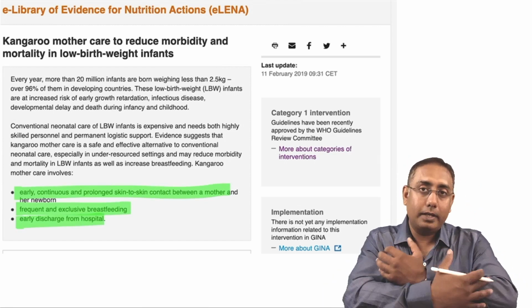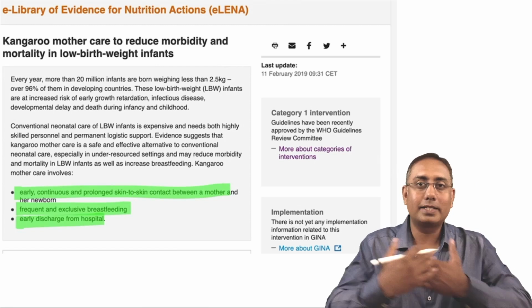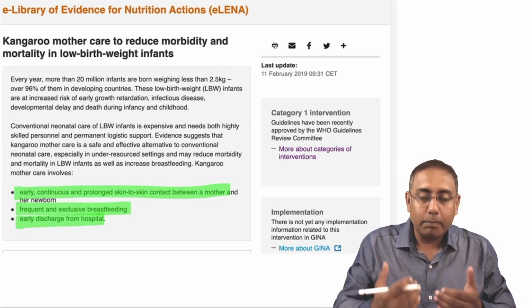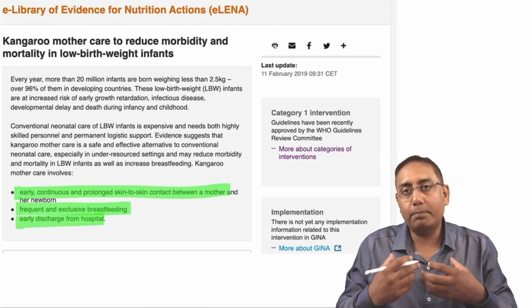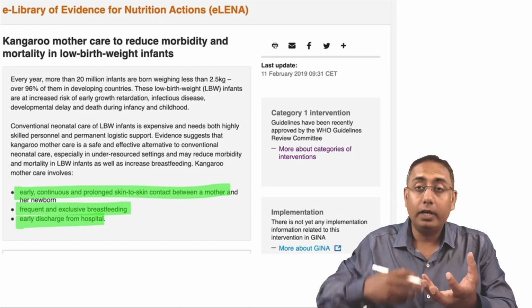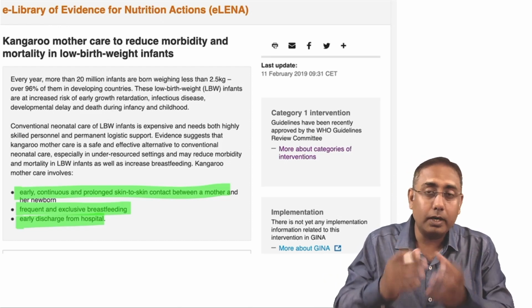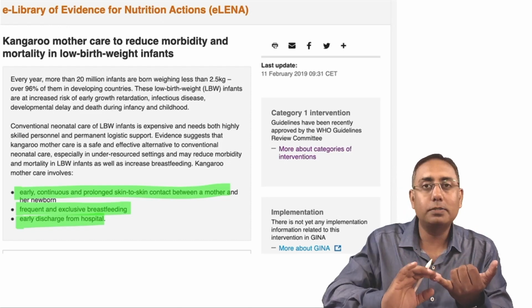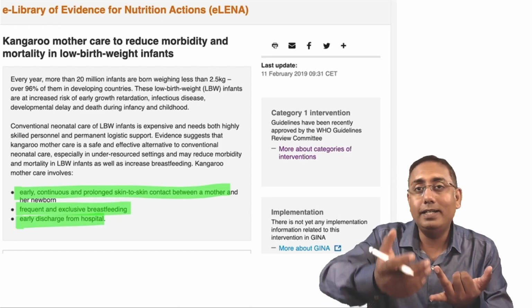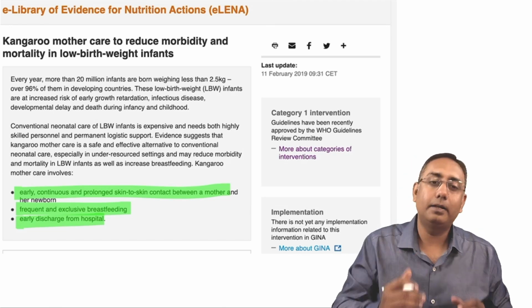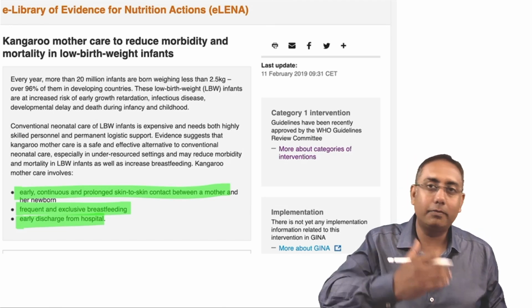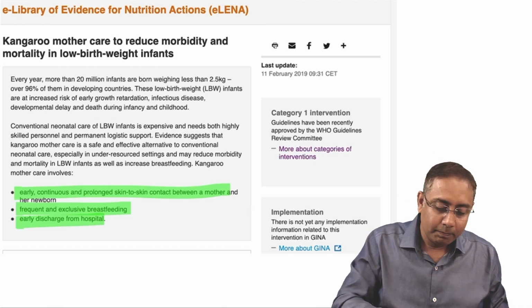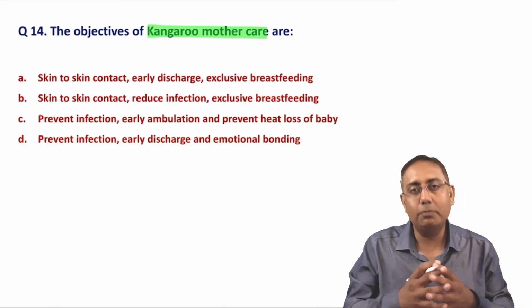KMC is holding the baby with skin to skin touch. It promotes breastfeeding and exclusive breastfeeding. It also promotes emotional bonding, but that is not the objective of KMC. The main objective is it promotes breastfeeding, it promotes early discharge of the patient, and it promotes skin to skin contact between the mother and the baby.